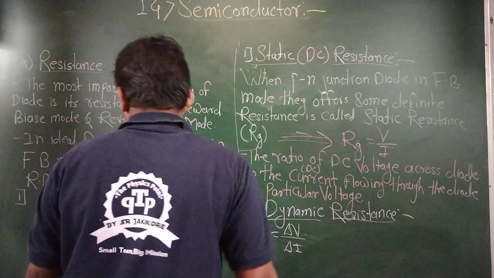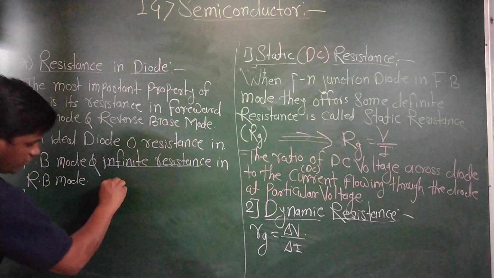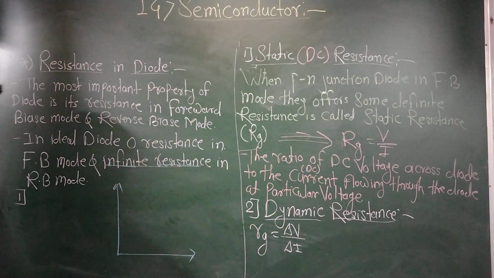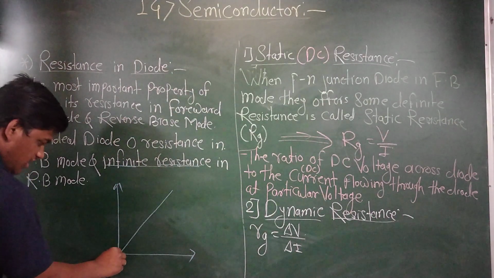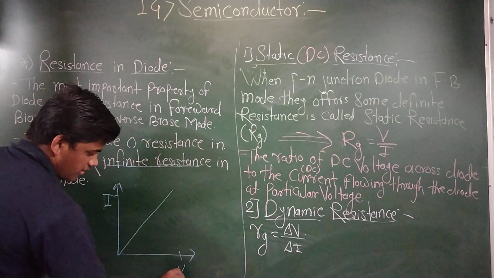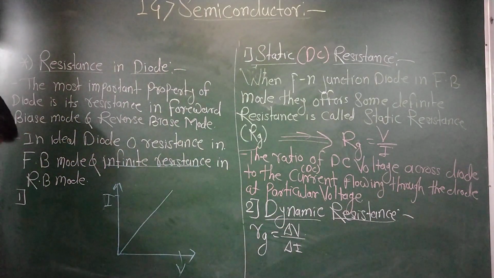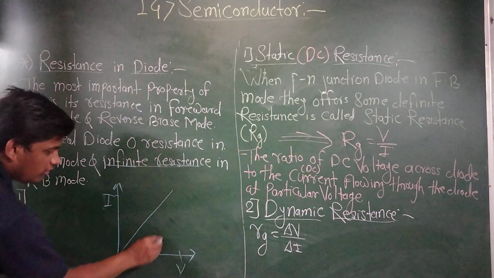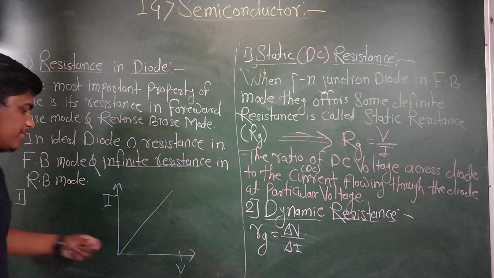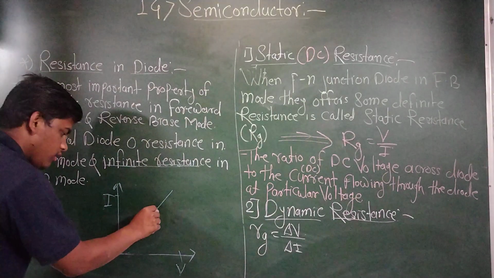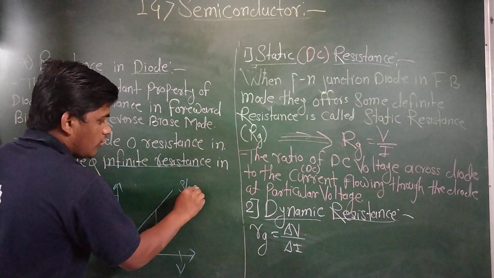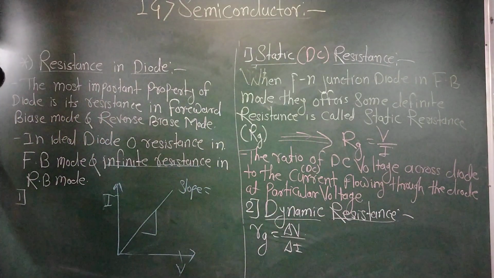Consider I draw one graph, a linear graph, where this axis is current and this is the voltage. Slope is equal to y2 minus y1 upon x2 minus x1.